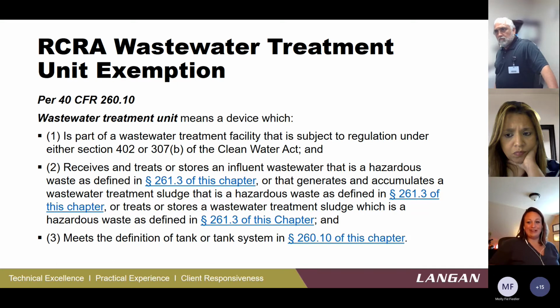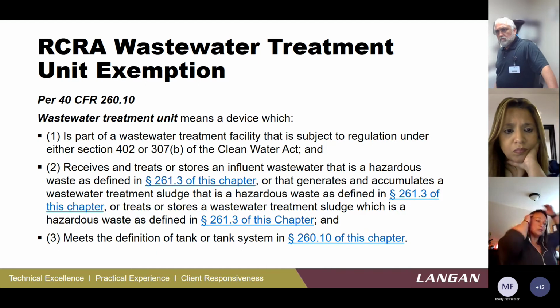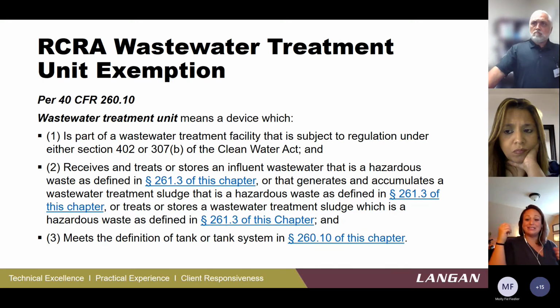You are not treating hazardous waste, even though technically you are. So in the case where your wastewater would be hazardous and you are treating it to below haz levels, you don't need to be a TSDF to do that. Having a Clean Water Act permit exempts you from being a TSDF.